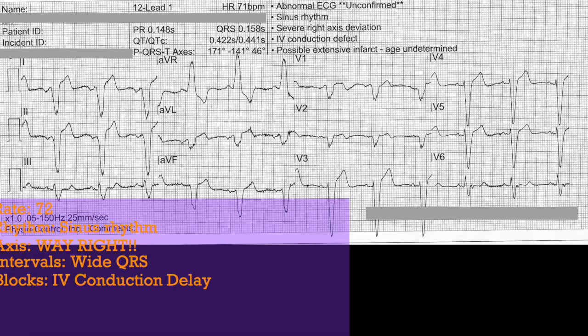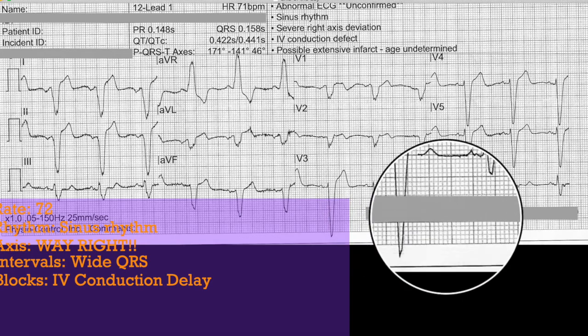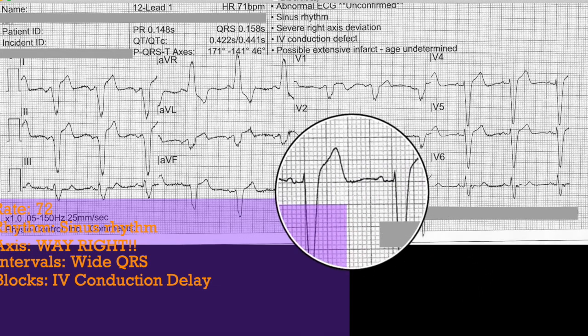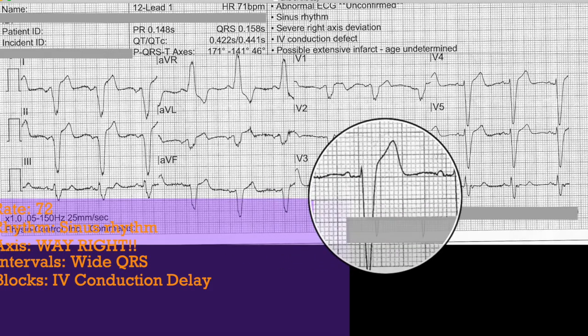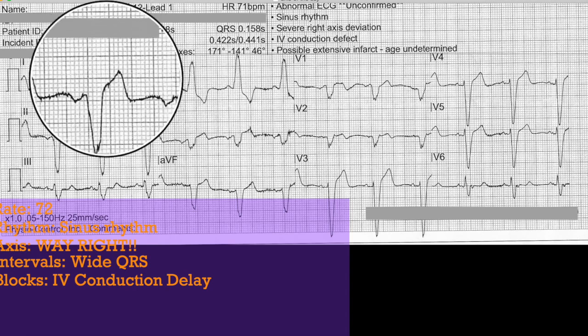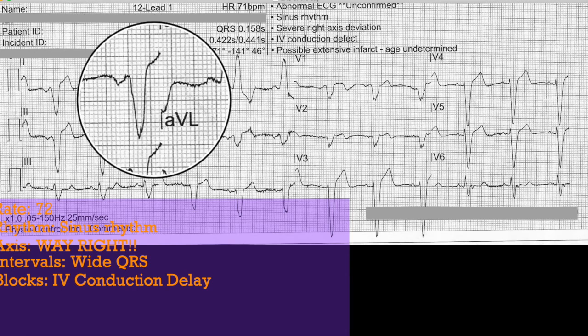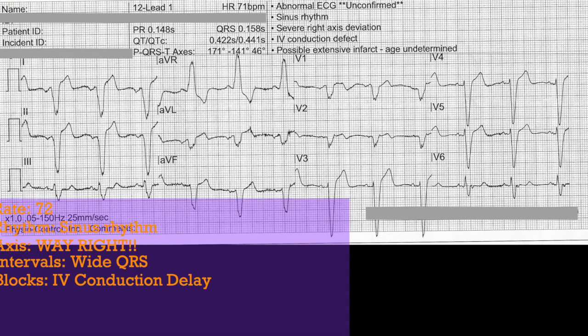It looks a bit like a left bundle branch block, although V6 doesn't really seem like it. Certainly the precordial leads do. But this might be influenced in terms of the morphology, because there is that limb lead reversal. So it's tough to call it a definite left bundle or right bundle. Let's call this interventricular conduction delay, because it is a wide QRS, so something is clearly slowing it down, and it looks like it's sinus otherwise.